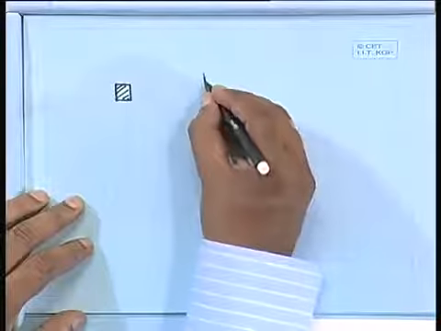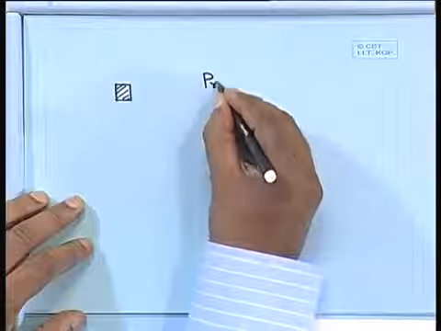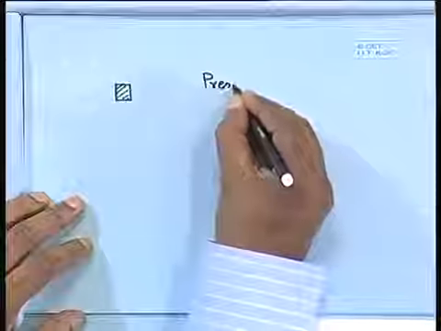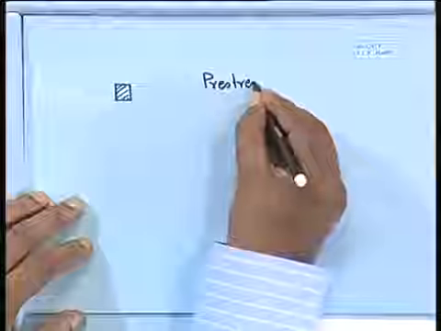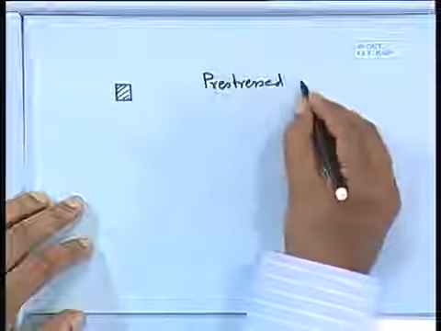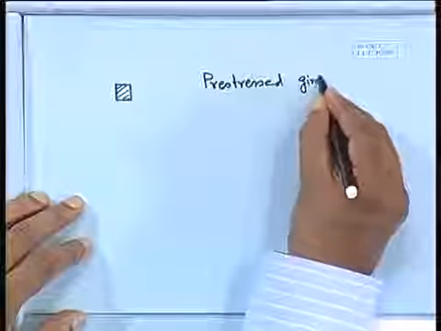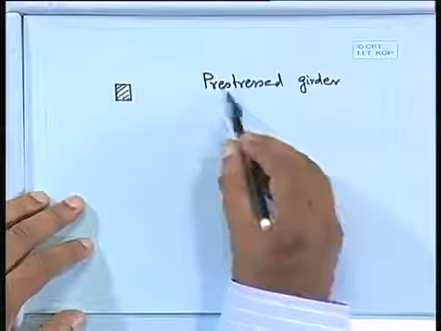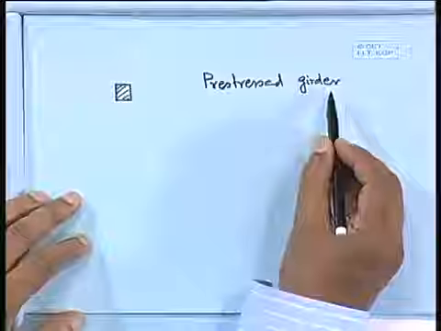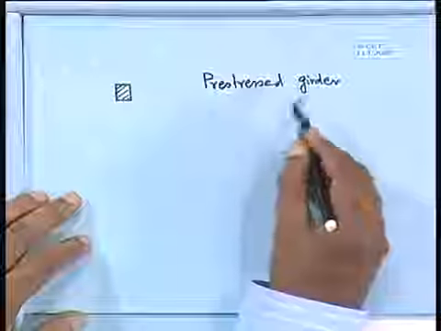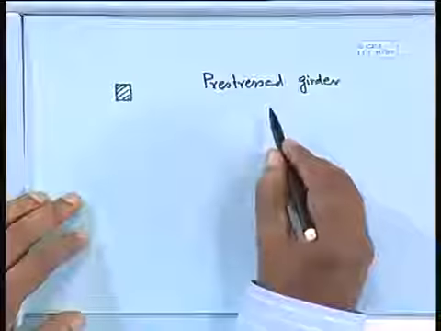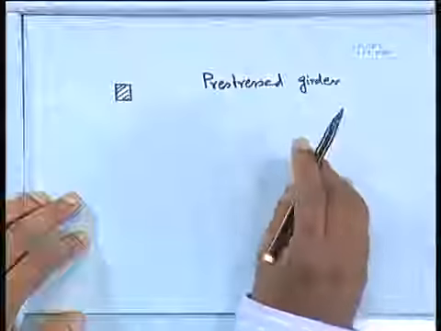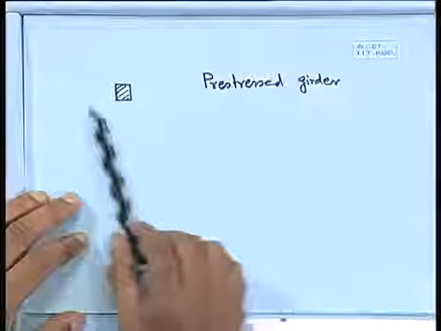There is one bridge type popularly used for reinforced concrete, that is the pre-stressed girder. If I get the opportunity, I shall tell a little bit on pre-stressed girder. This pre-stressed girder, we can construct outside. Pre-stressing means, I can show you an example.